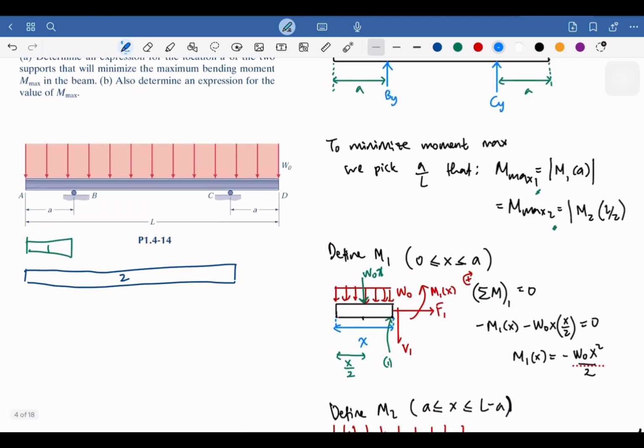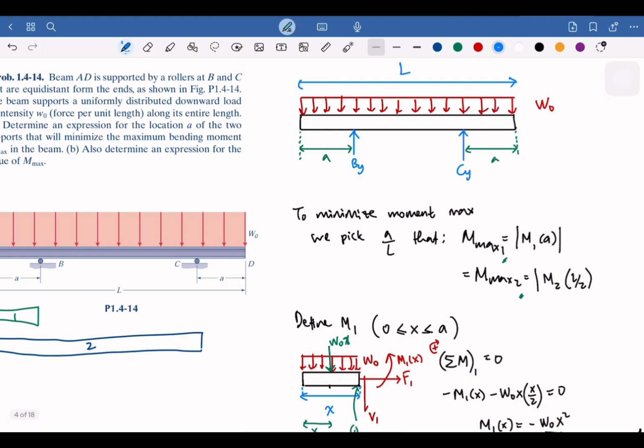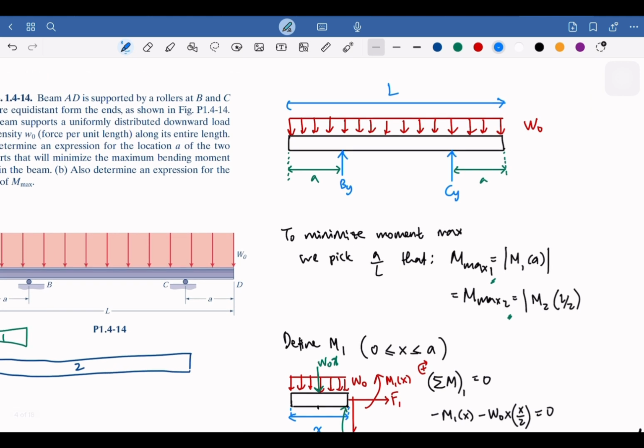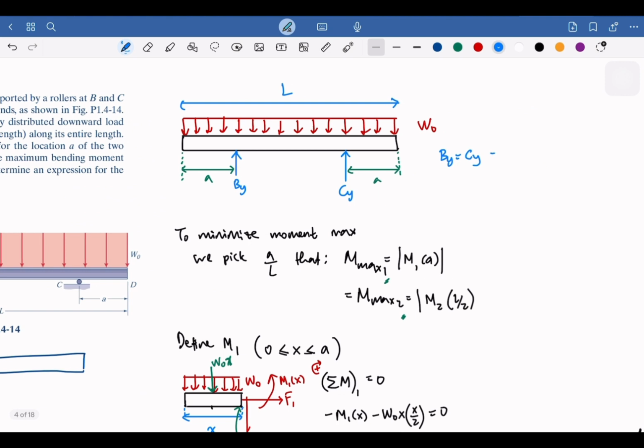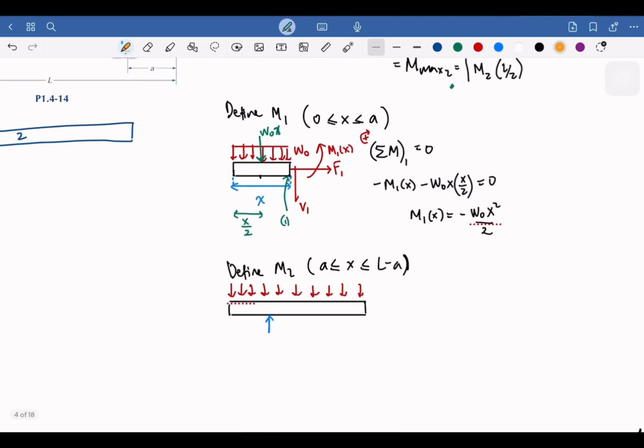Oh, I forgot to mention, we could make the symmetry, because this is all the same distributions, we could say that By is equal to Cy, okay, and we could write that based on the calculation of the W0, this will be W0 L over 2. So if we cut into half, we could see that Cy and By will be equal, and this will be W0 L over 2. I forgot to mention that.